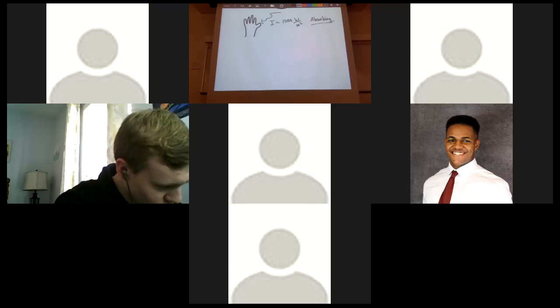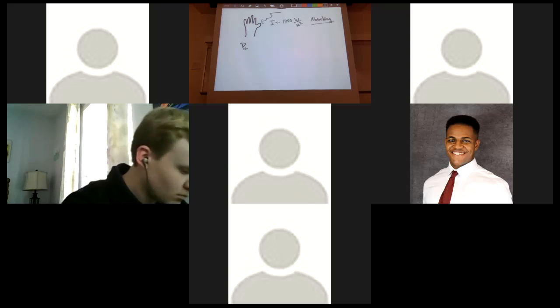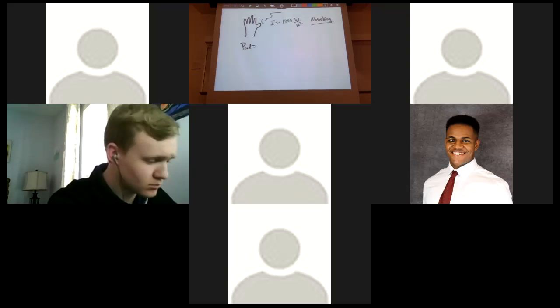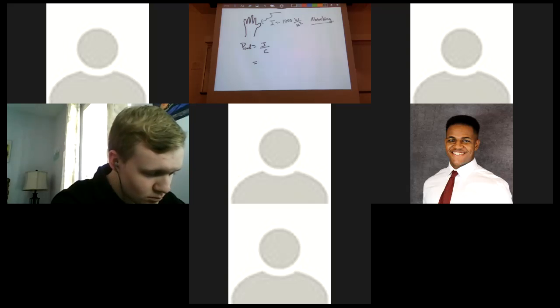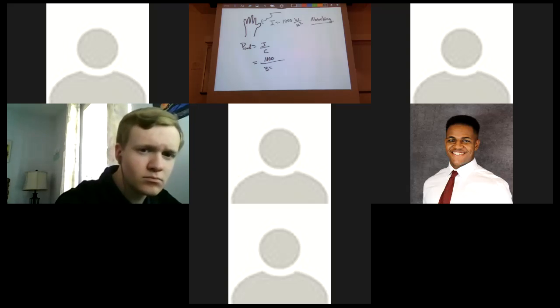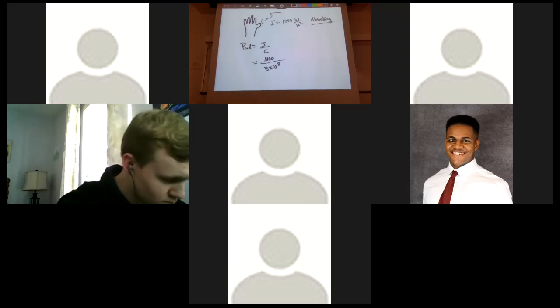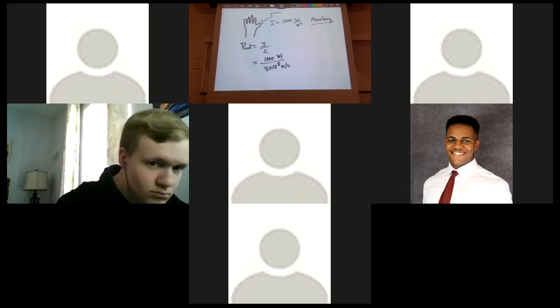So in this case, what is our radiation pressure equal to? Simply the intensity divided by the speed of light. I'm just going to drop that factor of 2, because I am absorbing, not reflecting. So my radiation pressure is equal to 1,000 watts per meter squared divided by 3 times 10 to the 8th meters per second.